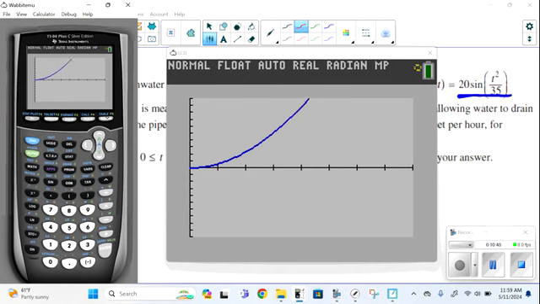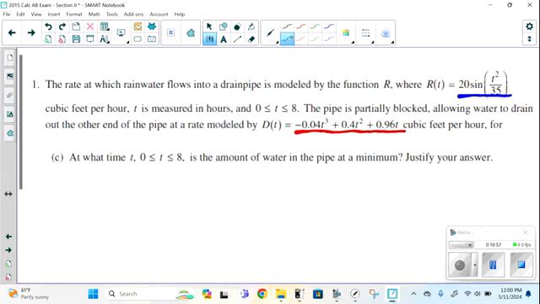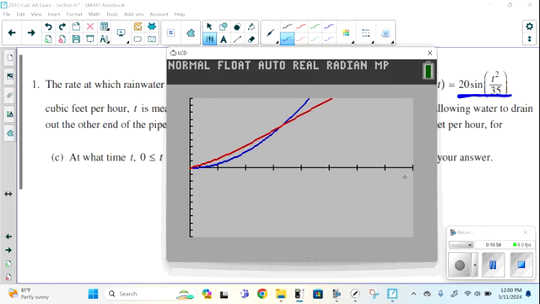All right. And the red is the water leaving. Boom. That's good. Let's look a little higher because we have to go to the number 8, right? I can't see that on the screen here. 8 is right here. Okay, so I want to see higher up on the graph.